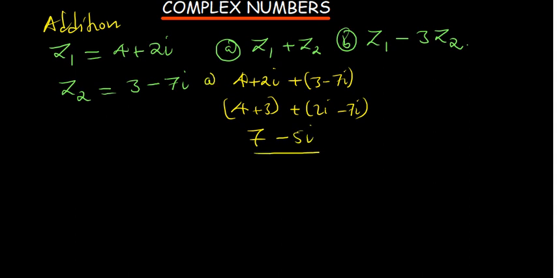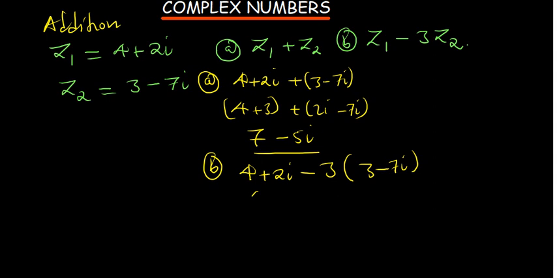And then for the second one, b, we're talking about z1 minus 3z2. So I'm going to write z1. z1 is 4 plus 2i minus 3 times z2. What is z2? That is 3 minus 7i. So this is going to give us 4 plus 2i. Negative 3 times 3, that will give us a negative 9.